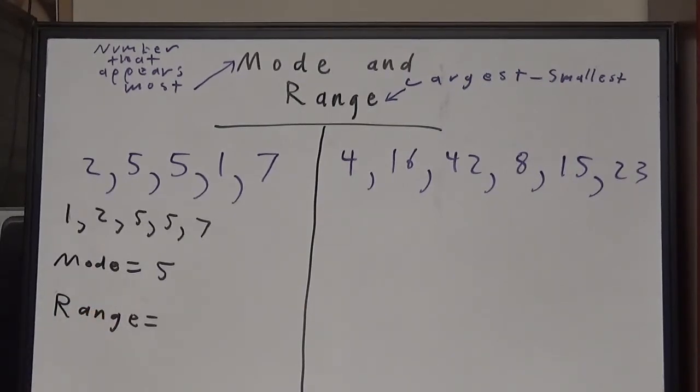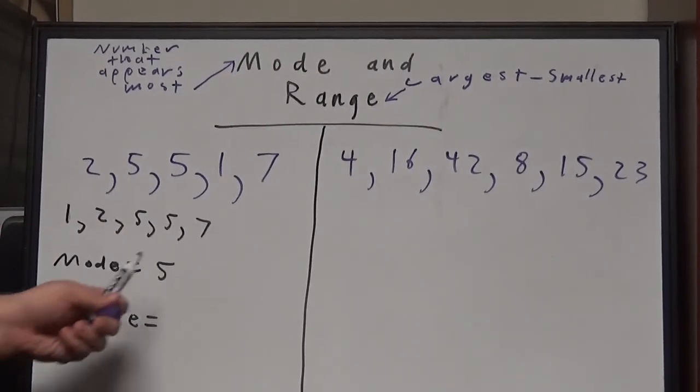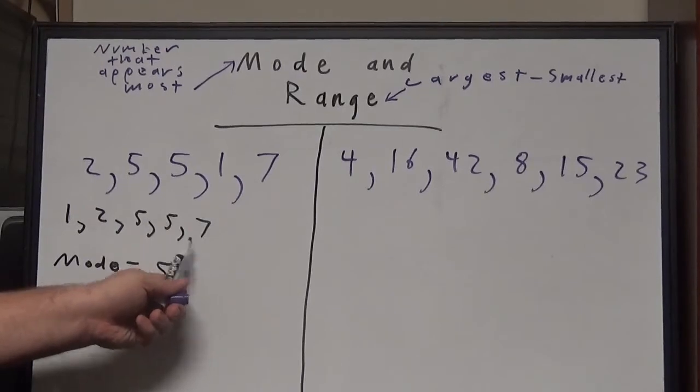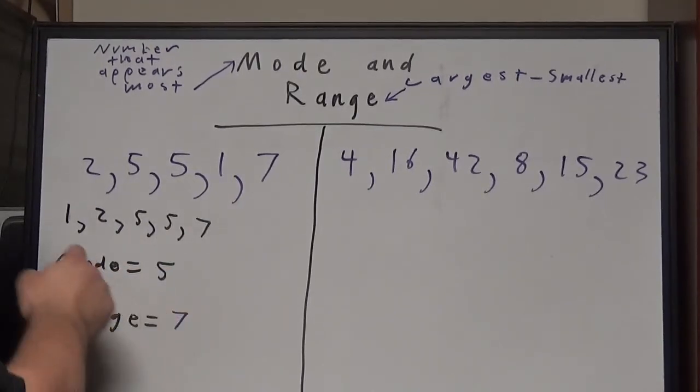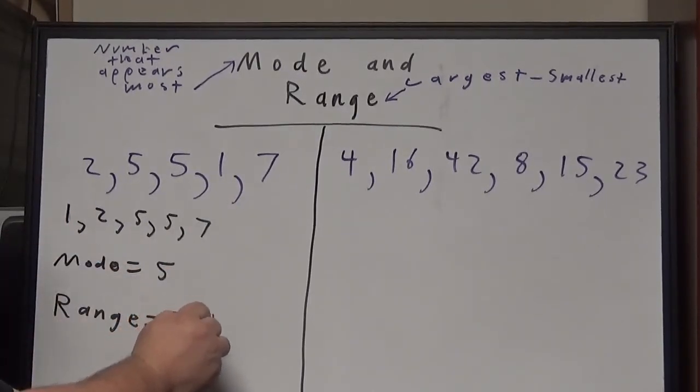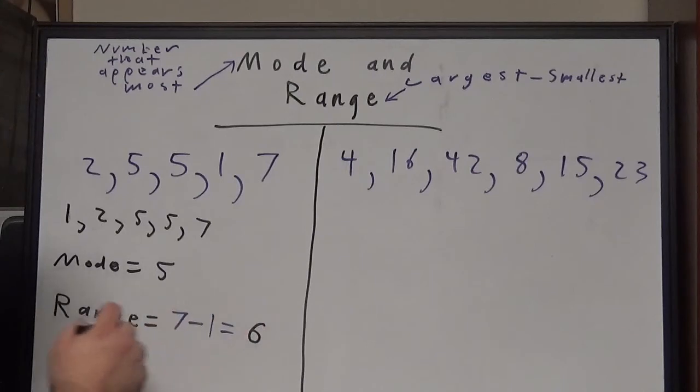Range is the largest minus the smallest. So what's the largest number in our data set? It's 7. The smallest is 1. So the range, well, 7 minus 1 is 6. The range then is 6.